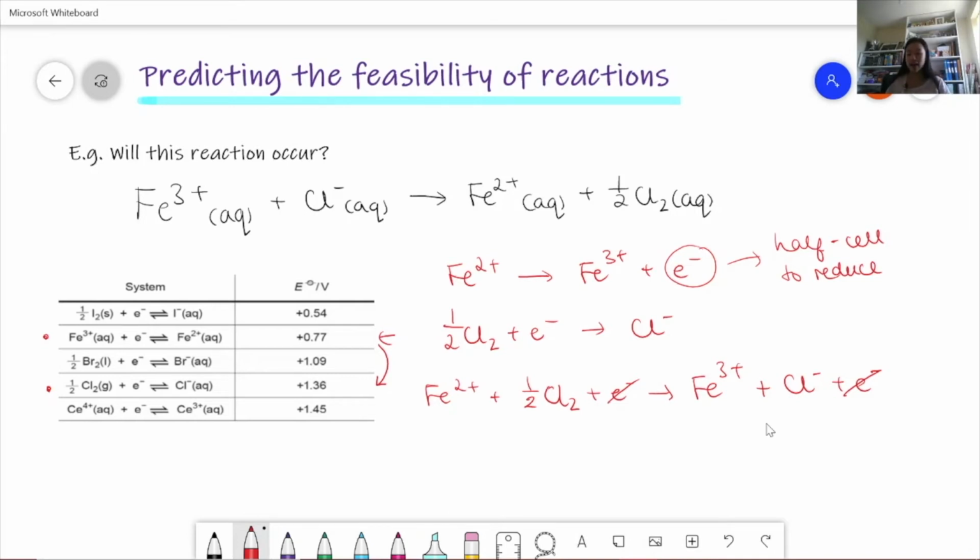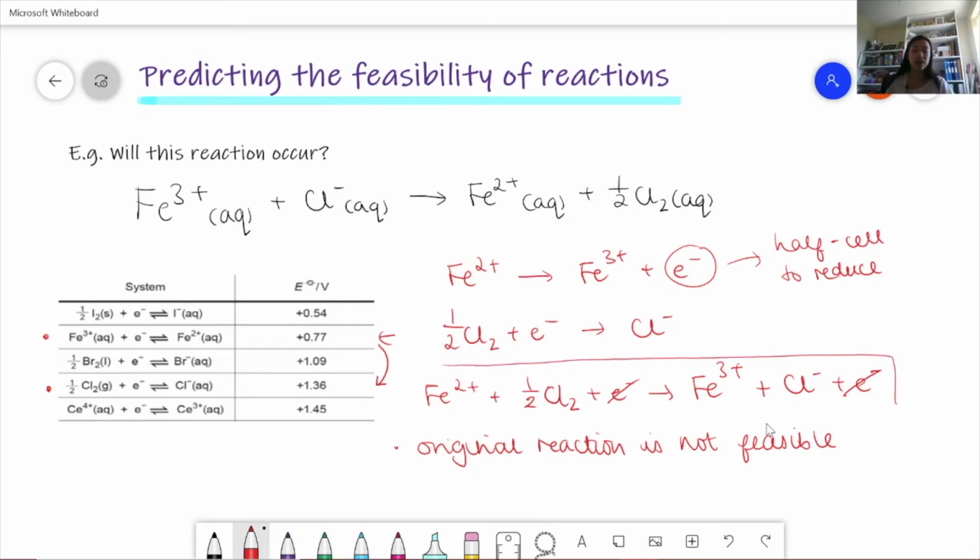So we say that this reaction is not feasible. And that's because when we connect up these two half cells, this is the reaction that will always happen because the Fe3 plus Fe2 plus half cell is more negative.